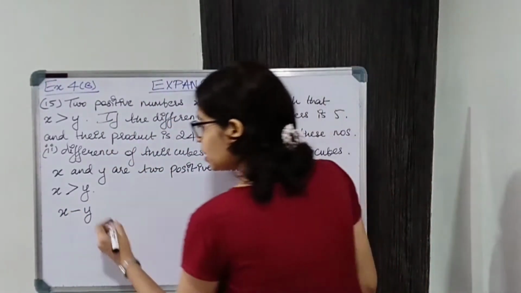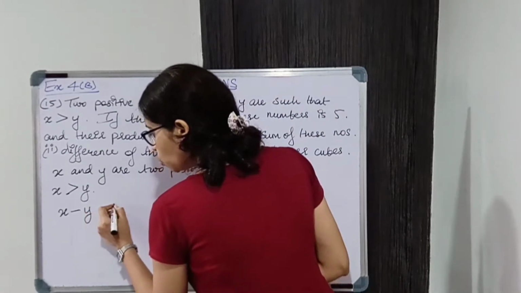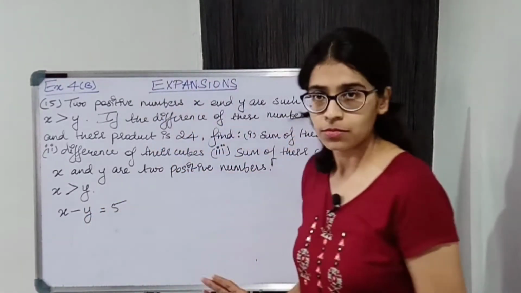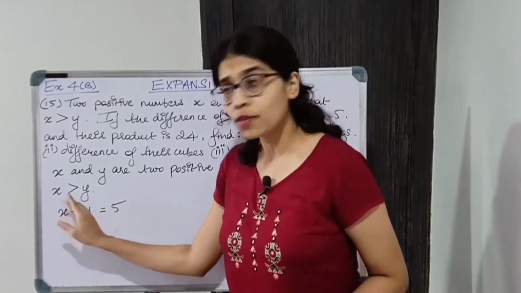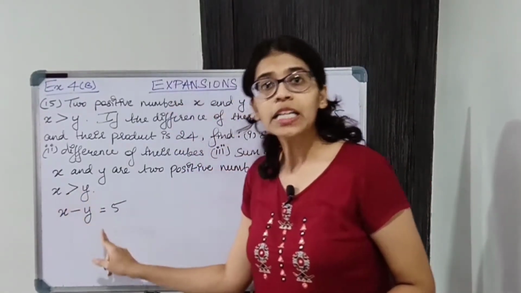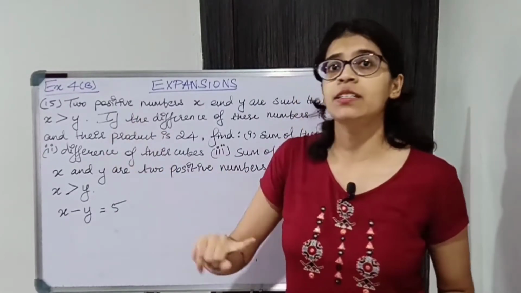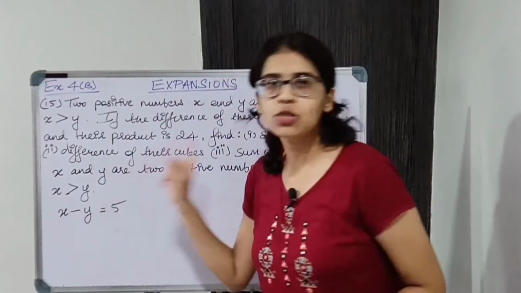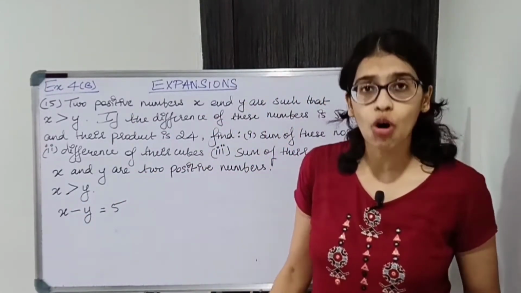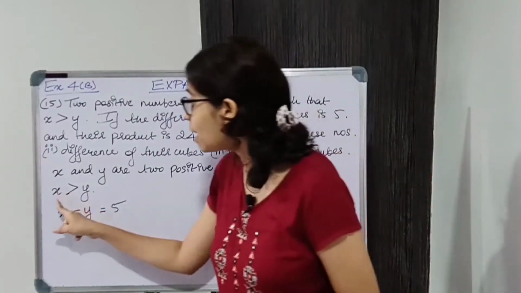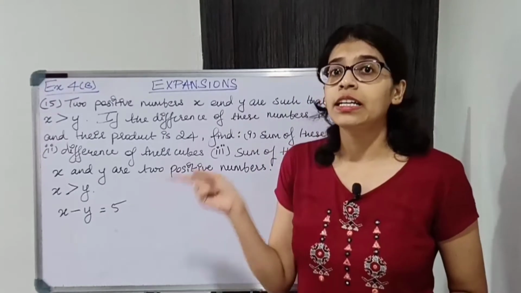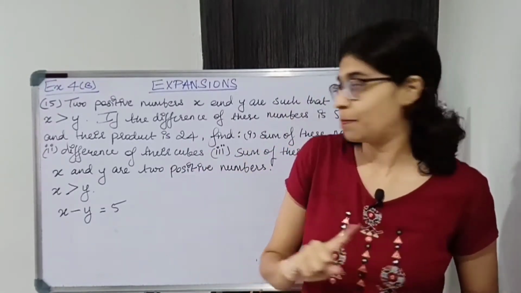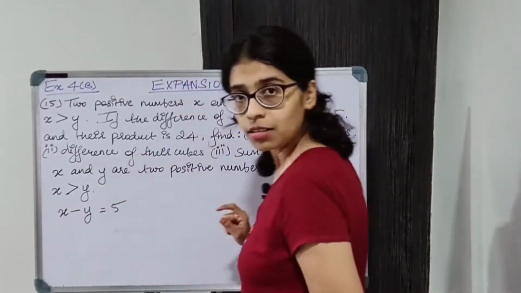Is matlab is equal to 5. So difference of greater number minus smaller number. Don't take y minus x, take x minus y, otherwise your answer will go wrong over here because we are given x is greater than y. So x minus y lenge, not y minus x. So this is the first condition.